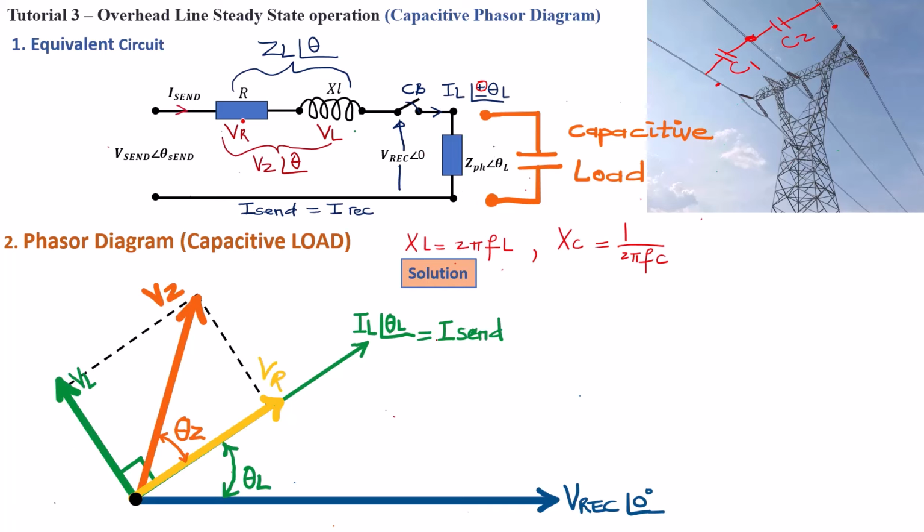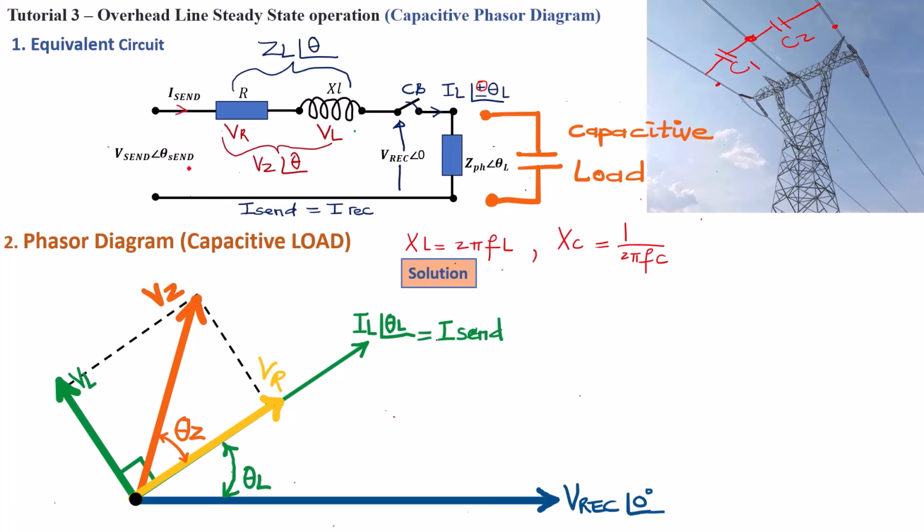This is because of the power loss across the transmission line. So there is a voltage drop across the transmission line. That voltage drop must be deducted from the sending end voltage to get the receiving end voltage, V rec. Now if you want V send, then you can just add V rec, the receiving voltage, plus VZ to get V sending.